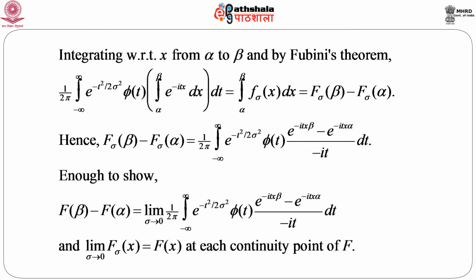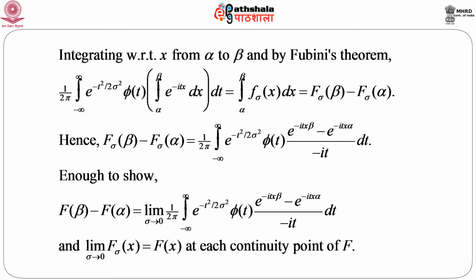Now, integrating with respect to x from alpha to beta, and obviously using Fubini's theorem. Actually, the proof of this theorem is repeated application of Fubini's theorem. So, this becomes 1 by 2 pi, integral from minus infinity to infinity, e to the power minus t square by 2 sigma square into phi t, into integration alpha to beta e to the power minus i t x dx dt.